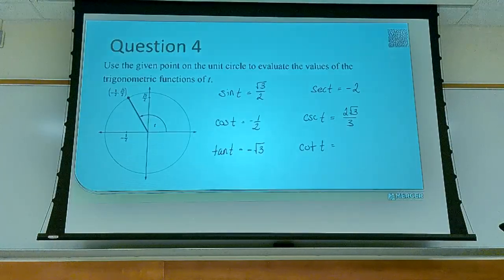Cotangent is the reciprocal of tangent, so -1 over root 3 or negative root 3 over 3.